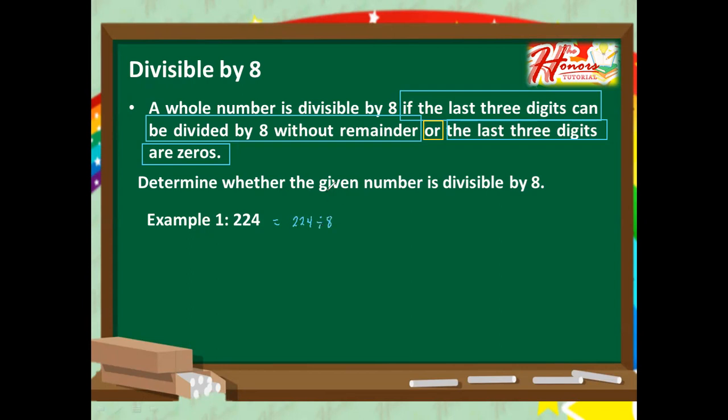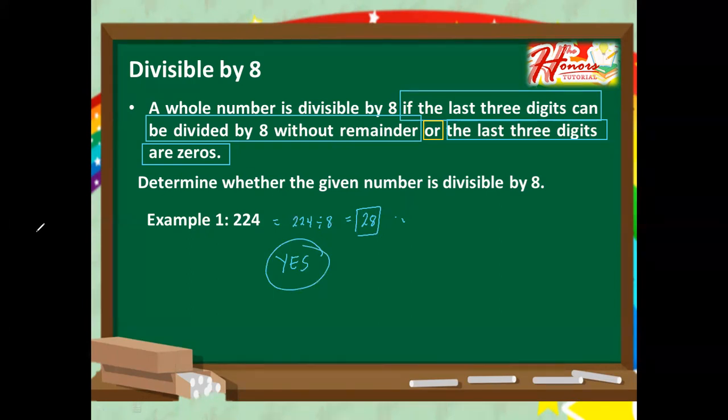You can use a scratch paper to divide 224 by 8. What is the answer? The answer is 28. We don't have any remainder. So therefore it is a yes. It is divisible by 8.